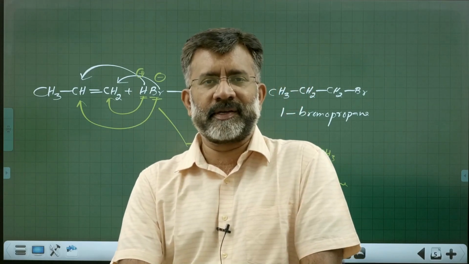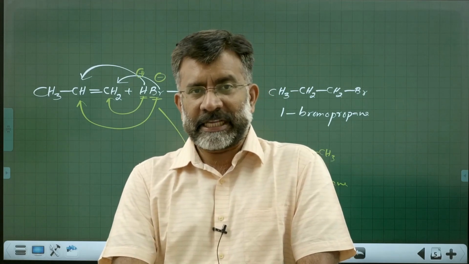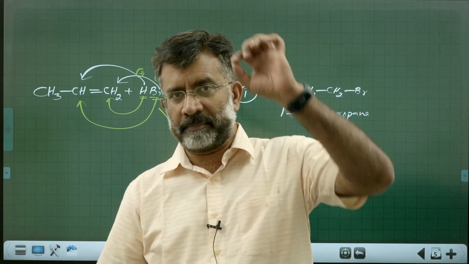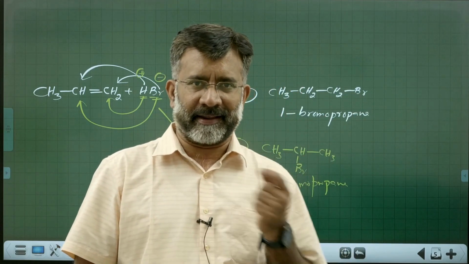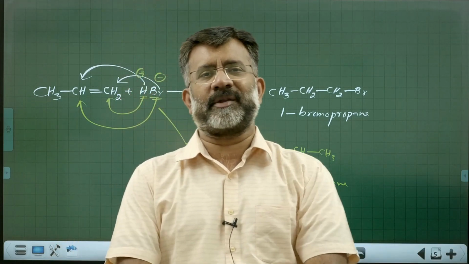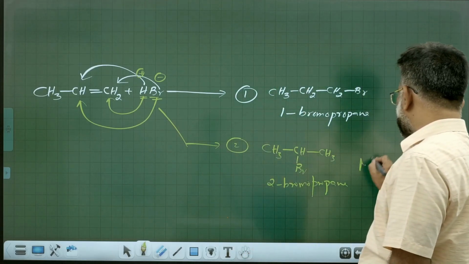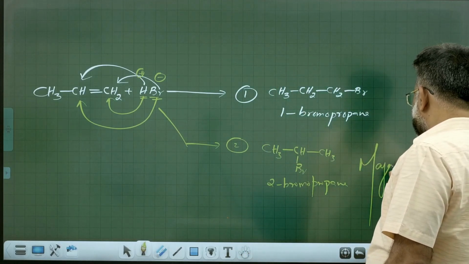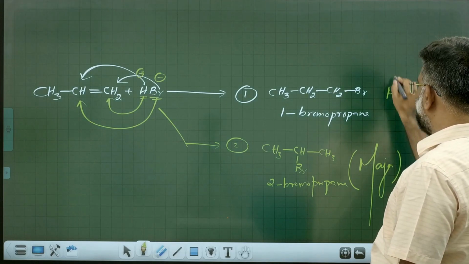That means the detailed mechanism, how it explains the formation of a primary carbocation in one case and a secondary carbocation in another case, and the reaction more travels in the secondary carbocation path, and thereby this you get as a major product, while this will be only a minor product.